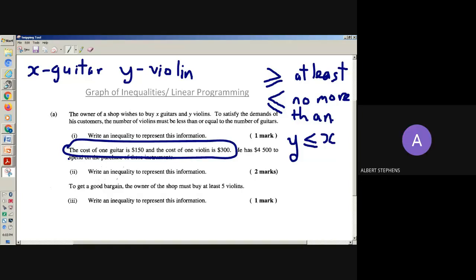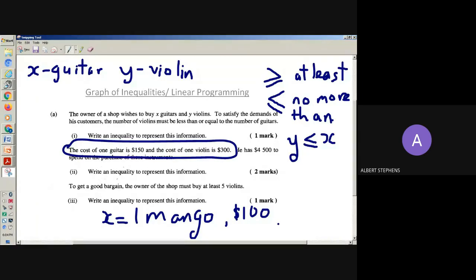Well, it didn't say. All right, I understand what you're saying, but let me mention something to you. Let us say x represents one mango. Look at it this way. X represents one mango, and one mango costs, say, $100.